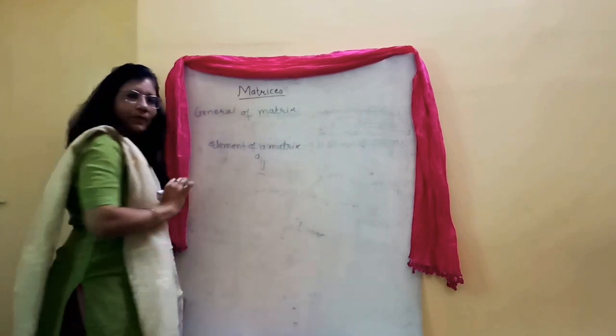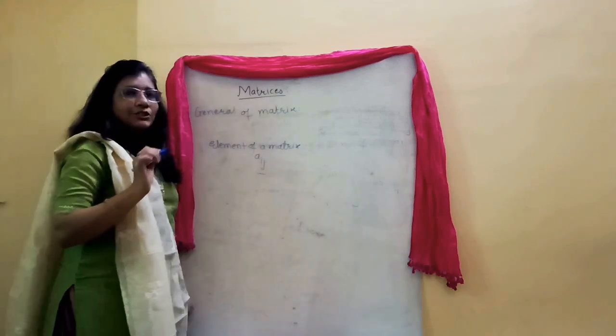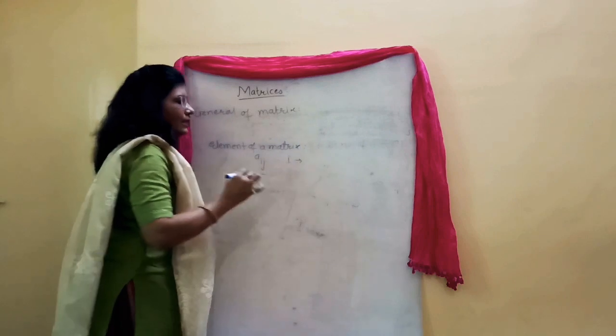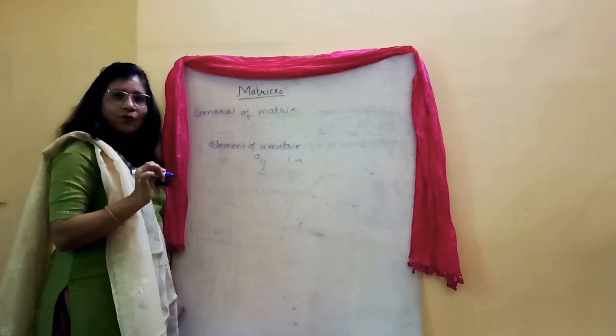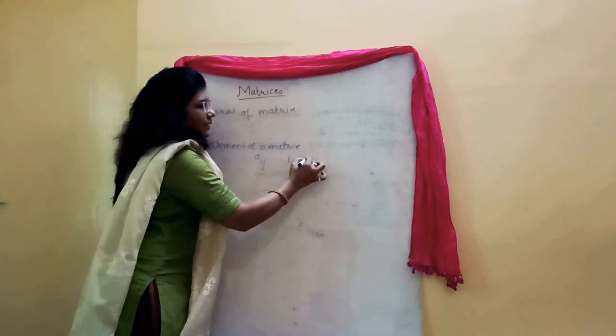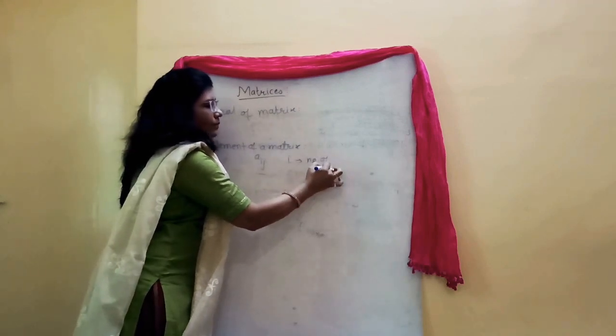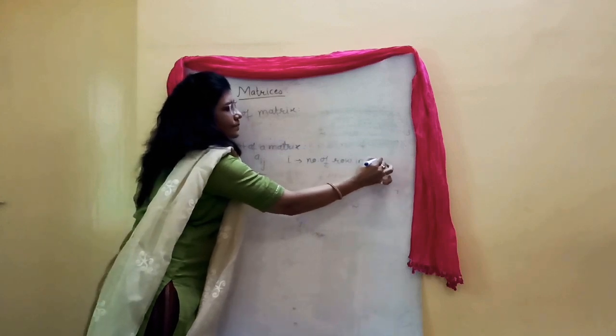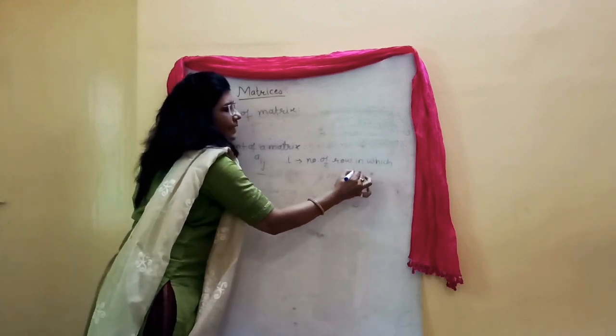This is general. Now what do this I and J indicate? I indicates the number of row in which element A lies, that is the number of row in which A lies.